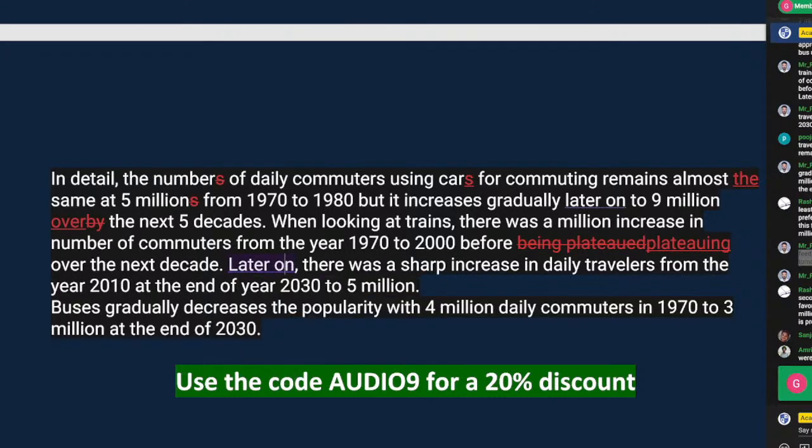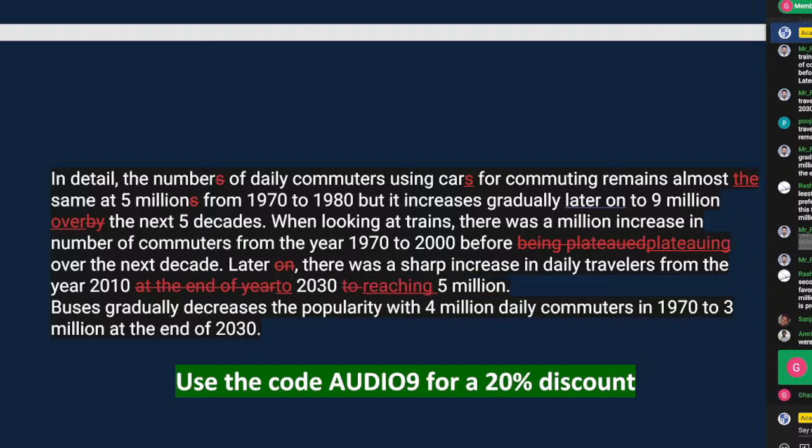Later on, just later, there was a sharp increase in daily travelers from the year 2010 to 2030, reaching 5 million.